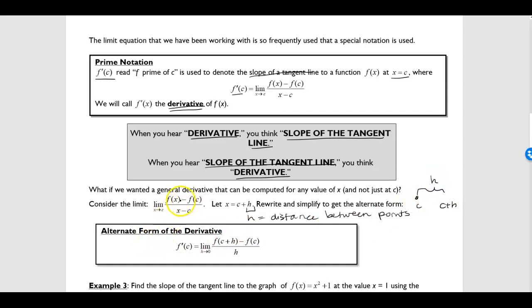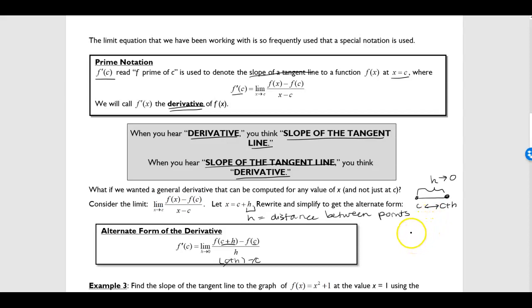And if I plug that in for x, I would have c plus h in for my x. I still have c here. In the denominator, I would have had c plus h minus c, which would just simplify to h as it does there. And the other thing is, if these two points c and c plus h are getting closer and closer together, then that means h is actually getting closer to 0.